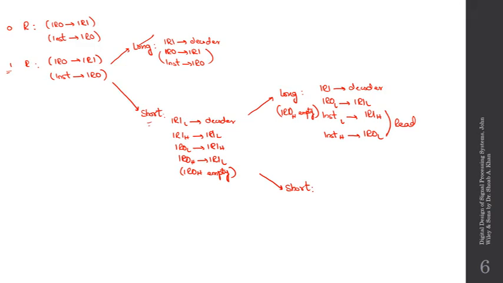So in this manner, IR1 low will be fetched out to the decoder, and IR1 high will now come to IR1 low, and IR0 low will come to IR1 high. And now that we are left with IR0 low and IR0H both as empty, we will simply pick the instruction and place it in IR0.